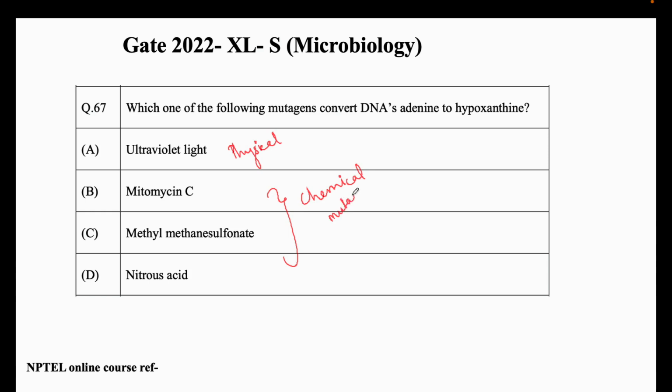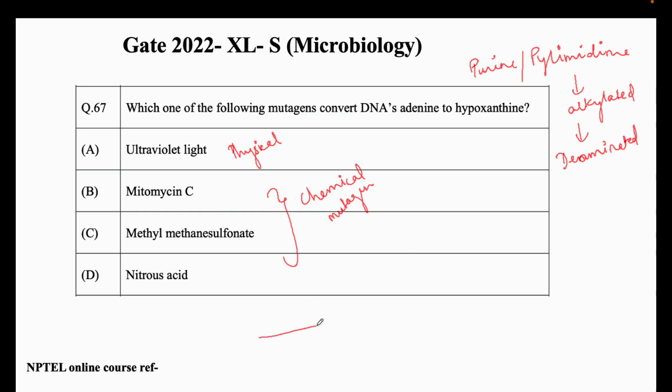Chemical mutagens are those which convert the purines or pyrimidines in the DNA, and when these are converted, they are either alkylated or deaminated.